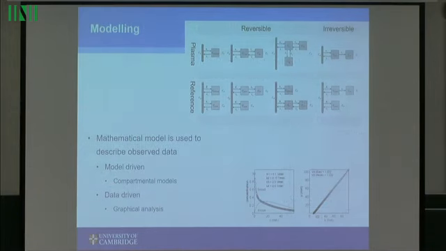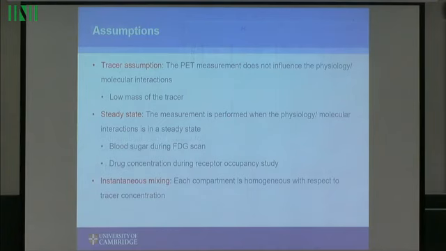So modeling, there are lots of models possible, reversible, irreversible, using plasma input or reference input, but in general these models are either model driven, compartment models, or data driven graphical analysis. There are a few assumptions that are made when we do PET kinetic modeling.